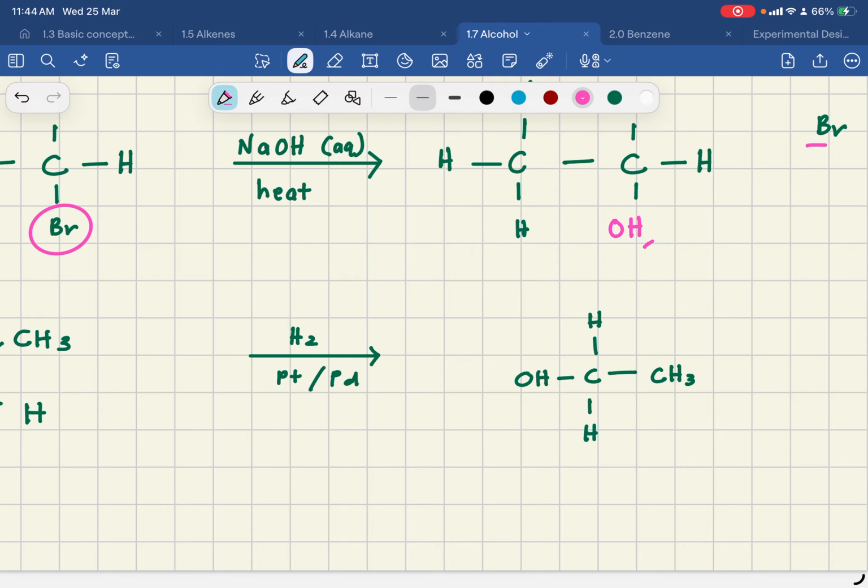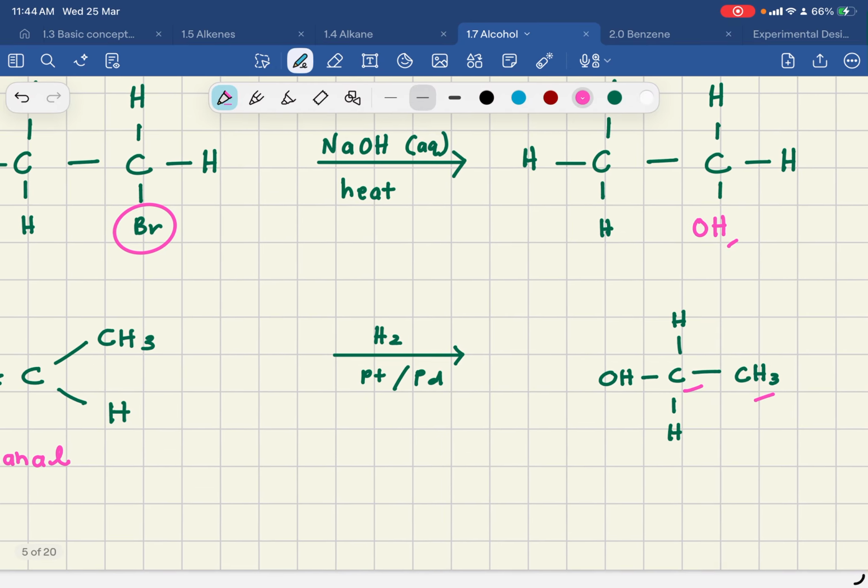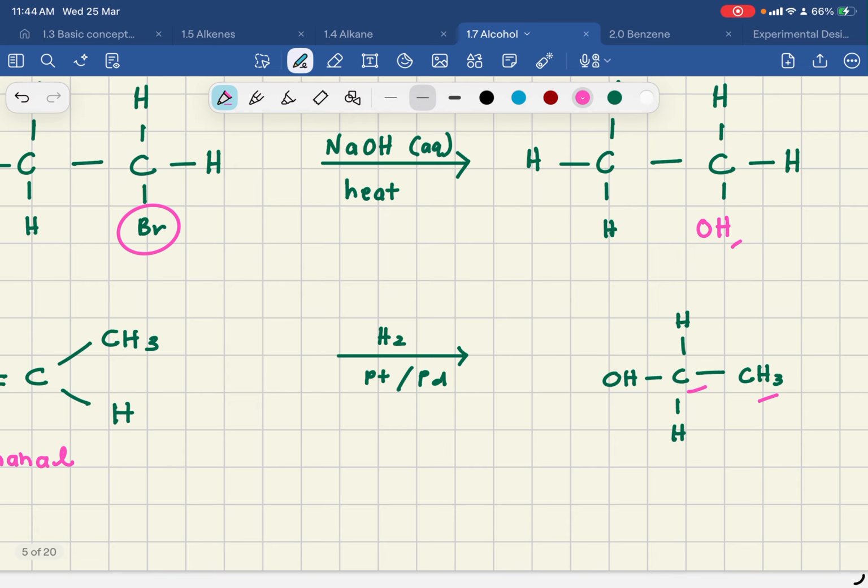We have CH3C the same, and at the O we add OH and another H. So we get a primary alcohol. What is its name? It is ethanol.